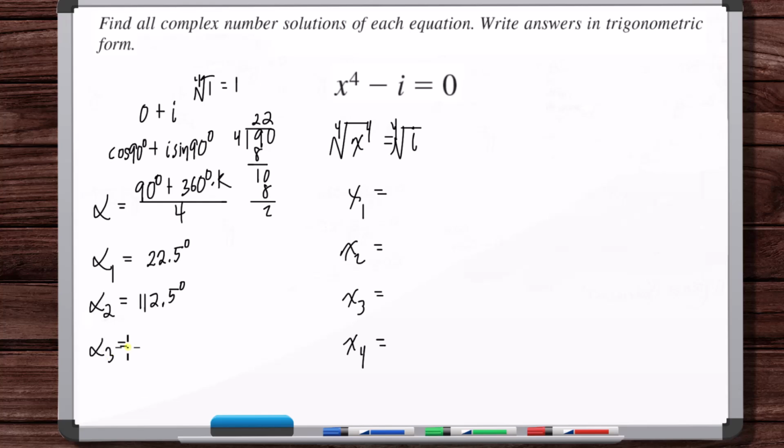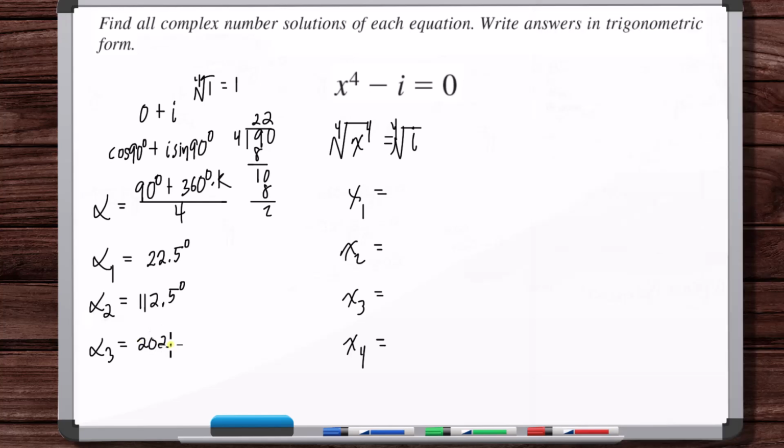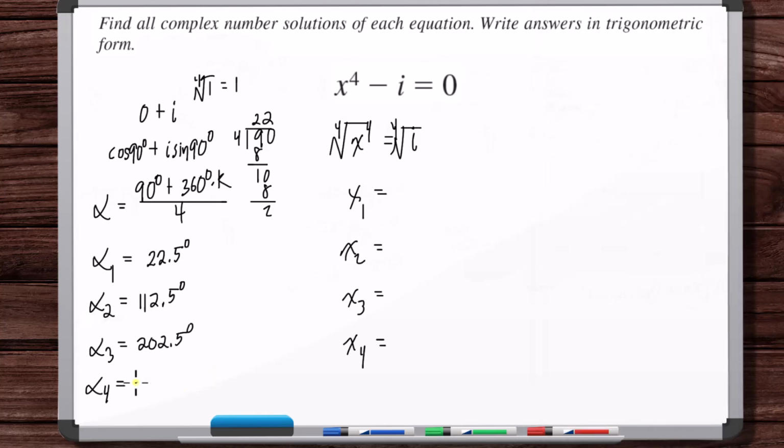Okay, another 90 degrees, we've got, let's see, so 22.5 plus 90 plus 90, 202.5. Okay, let's see. And then 292.5. All right, so we've got just cis 22.5, cis 112.5.